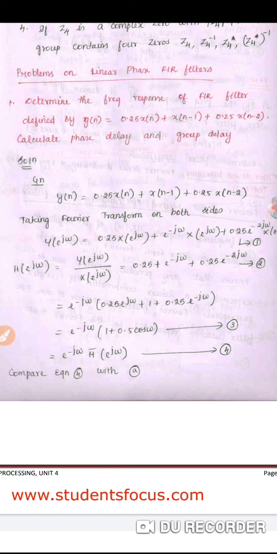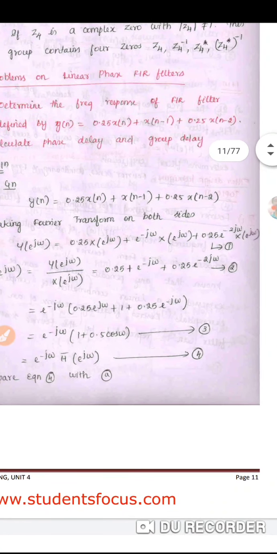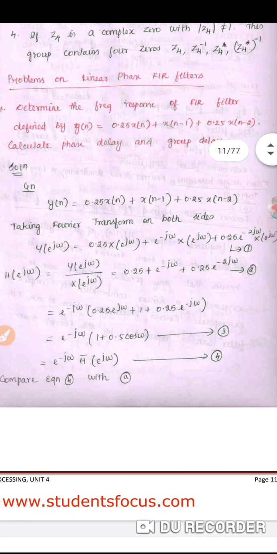You will get Y of e power j omega equal to 0.25 X of e power j omega plus, for x of n minus 1 using the shifting property, e power minus j omega X of e power j omega, and the last term 0.25 e power minus 2j omega X of e power j omega.